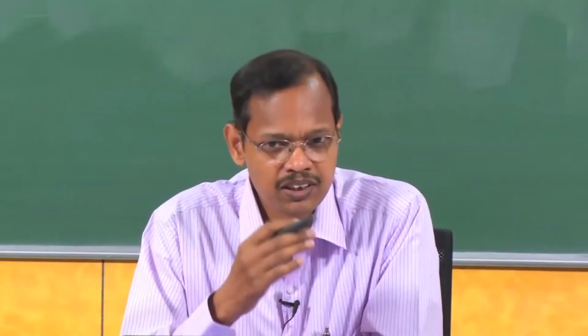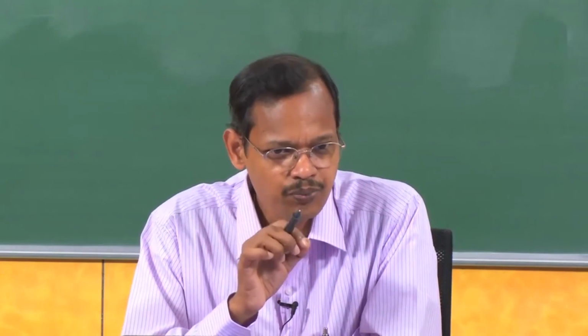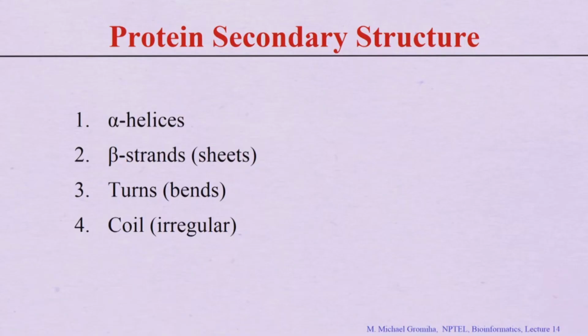Based on the regular arrangement of these residues, there are different types of secondary structures. What are the commonly occurring secondary structures in proteins? Alpha helices, because helices were the first to be identified in proteins, and alpha is the first letter of the Greek alphabet. The second is beta strands, and some strands join together to form sheets.